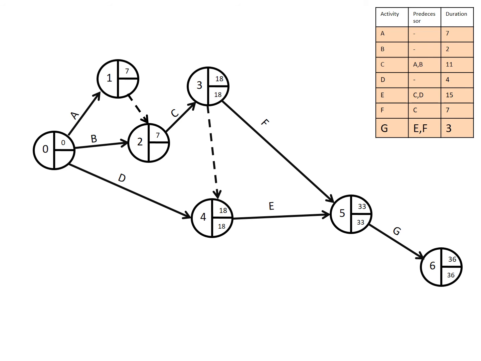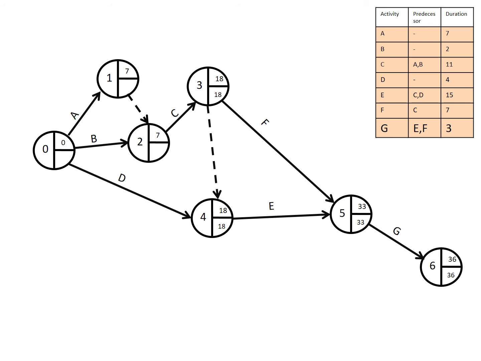But when you come to this other point, when we are working with latest finish time or latest start time, we look at the time which is smaller. We don't look at the one which is larger. When we are doing the earliest start time or the earliest finish time, we take the larger value. When you are working on latest finish time or the latest start time, we take the smaller value.